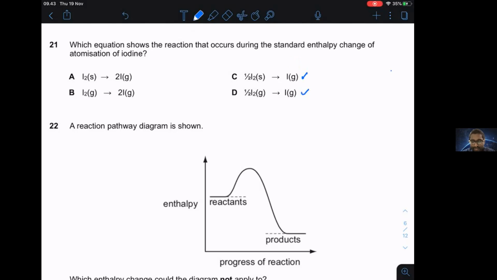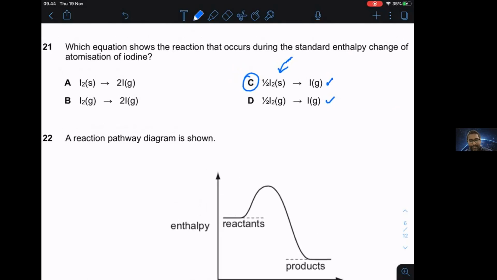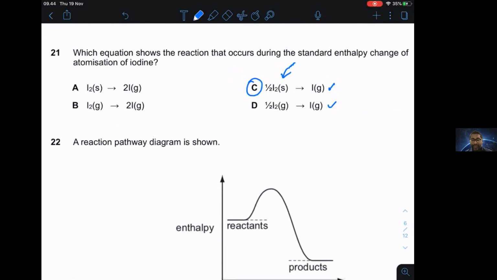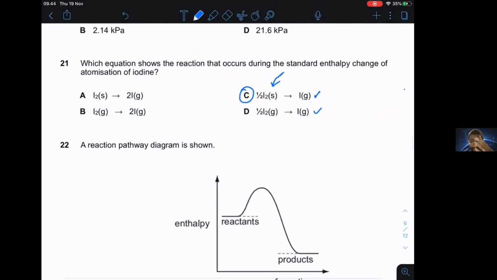So when they were elements in the standard state, iodine was in solid form. So if you want 1, I2, the best answer is going to be C. Okay, so that's going to be the answer. You need to know how to define it. Definition is very important.